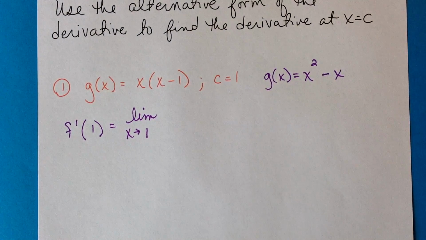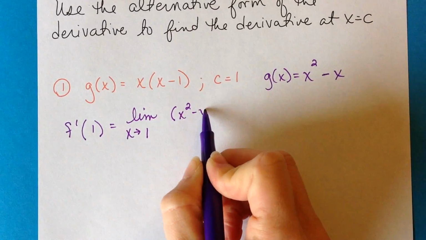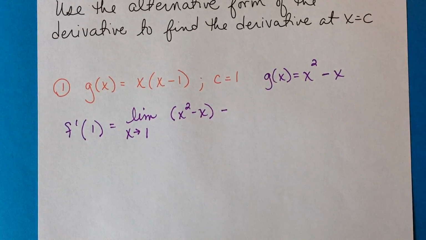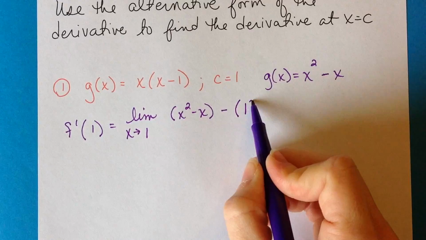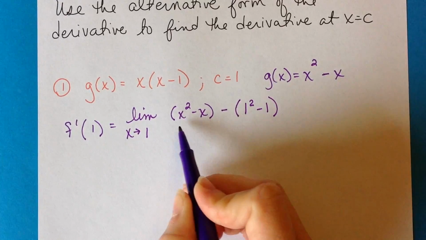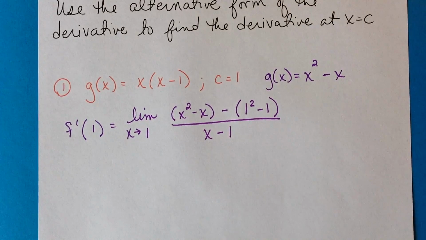Now, the numerator starts off with f of x, which is just your function, and then you subtract from that f of c. So that means that you have to take the 1 and substitute it into the function. And that's all divided by x minus c. Again, c is 1.